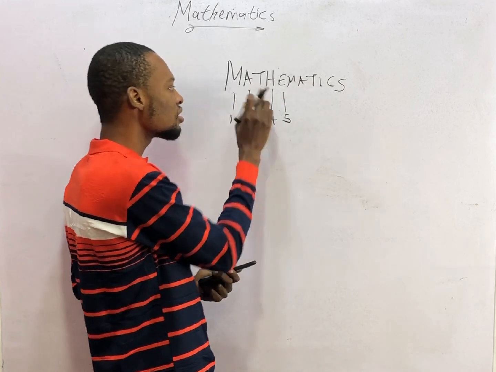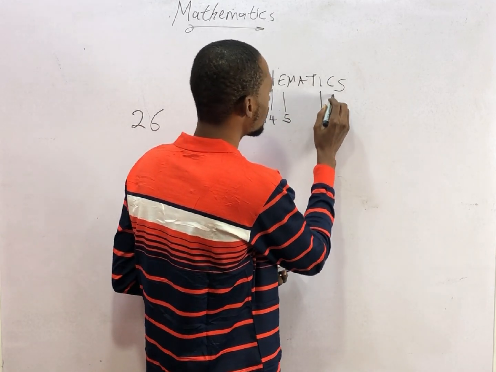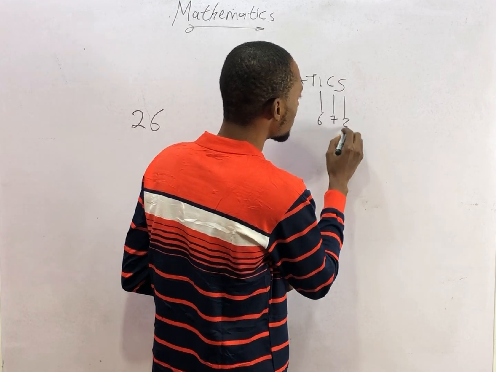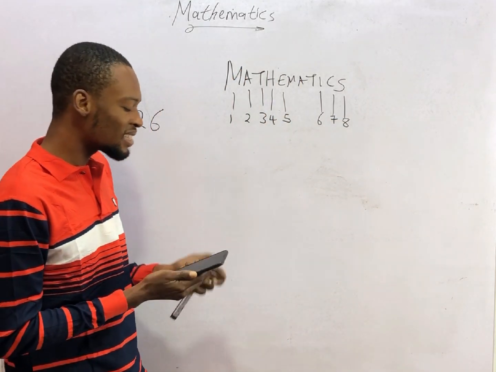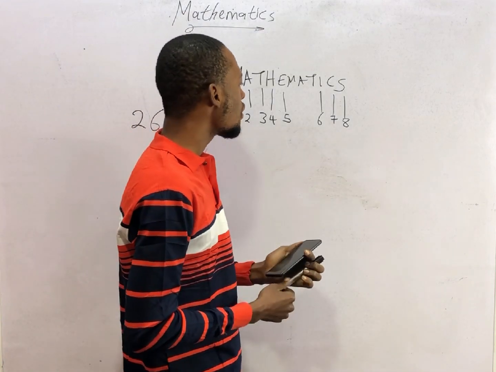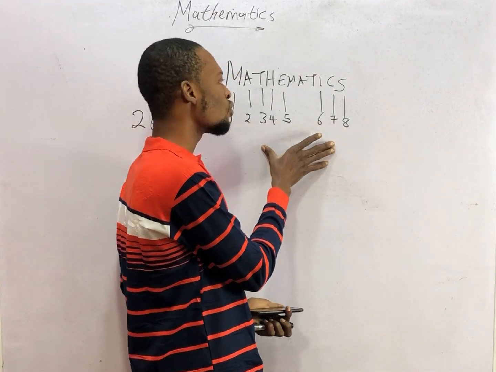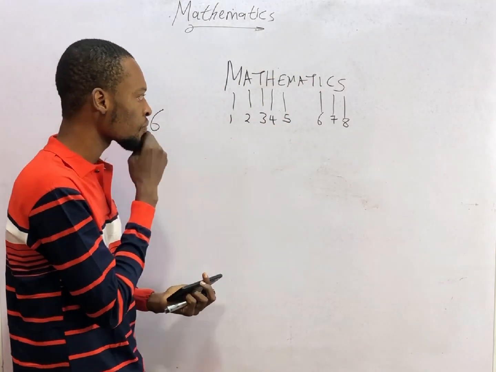T, we have T, no need to add T. Then I, 6. C, 7, and S, 8. Which means out of the 26 letters in the English alphabet, mathematics carries 8. We don't count the ones that are repeated because they are still the same letters of the alphabet.